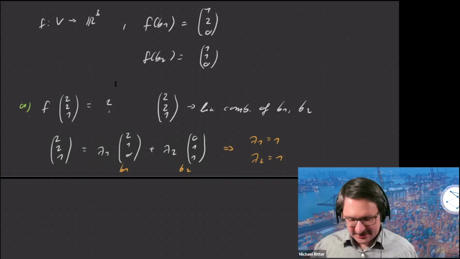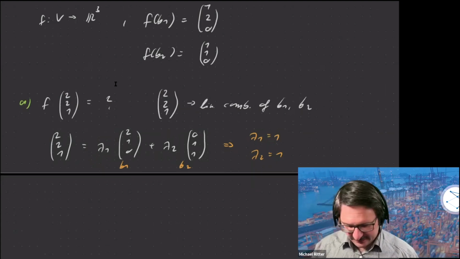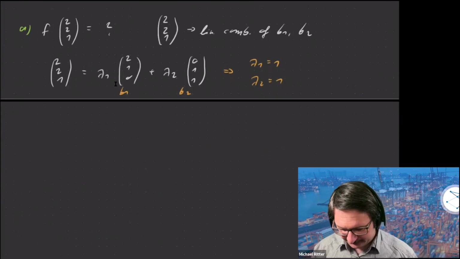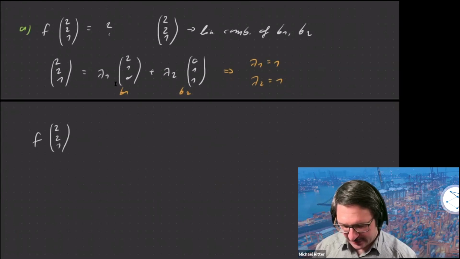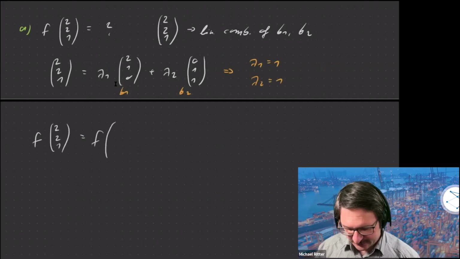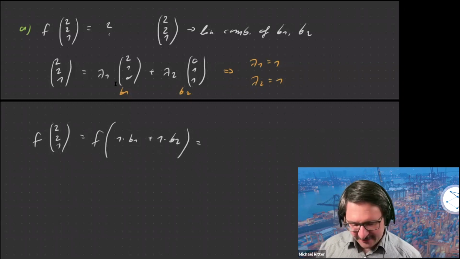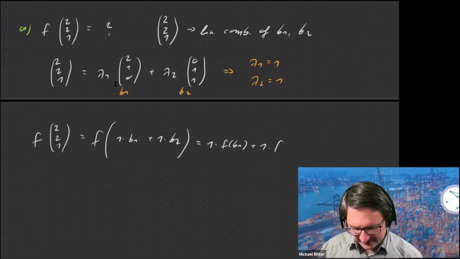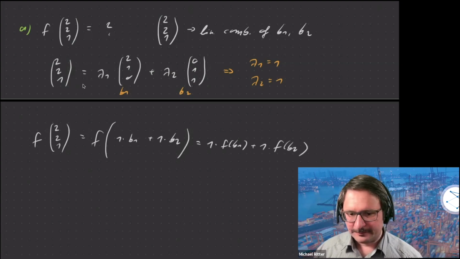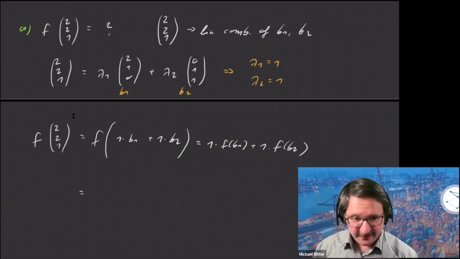So we have established our linear combination here, and now we can just use linearity. What we know now is that f of 2, 2, 1 is equal to f of 1 times b1 plus 1 times b2. By linearity, this is the same as 1 times f of b1 plus 1 times f of b2. And of course, we know f of b1 and f of b2.